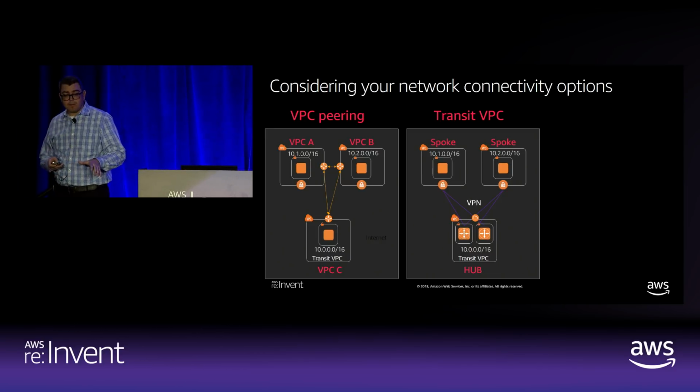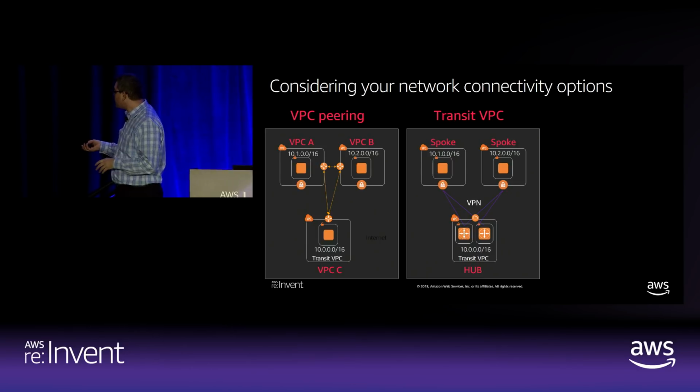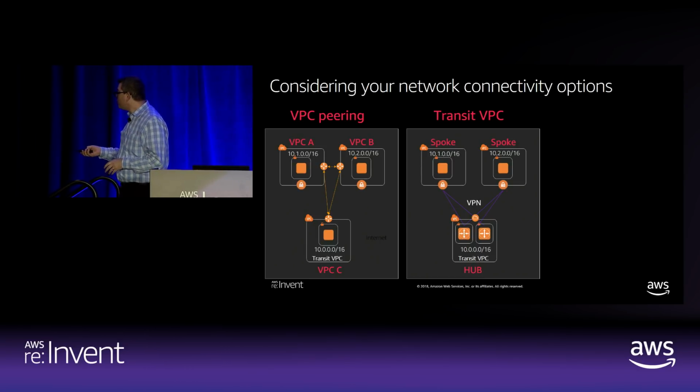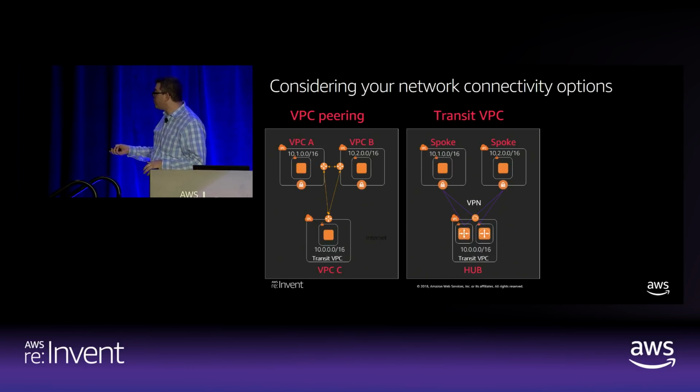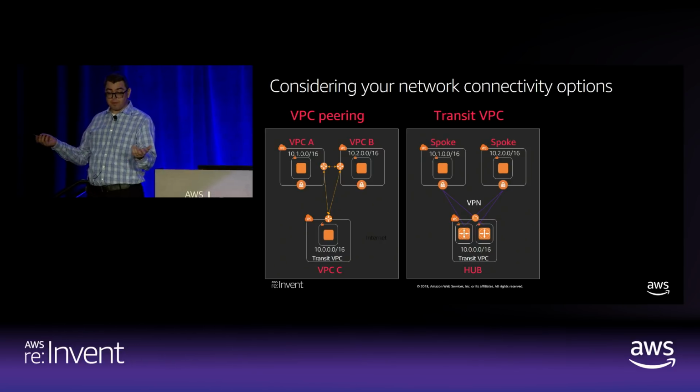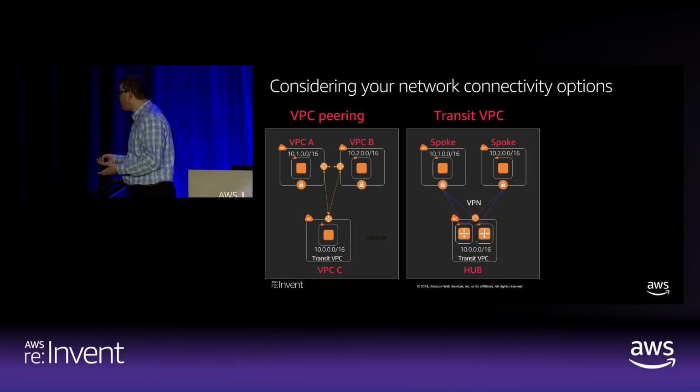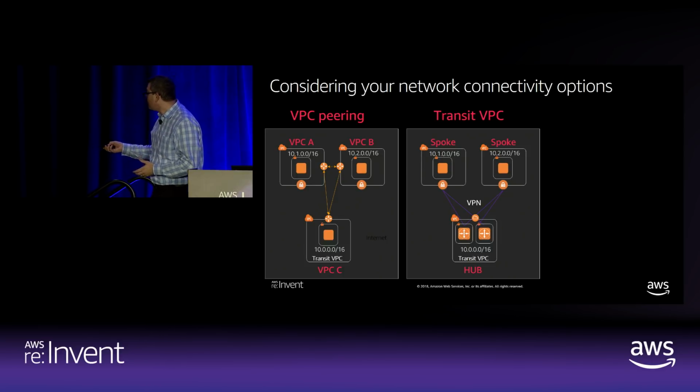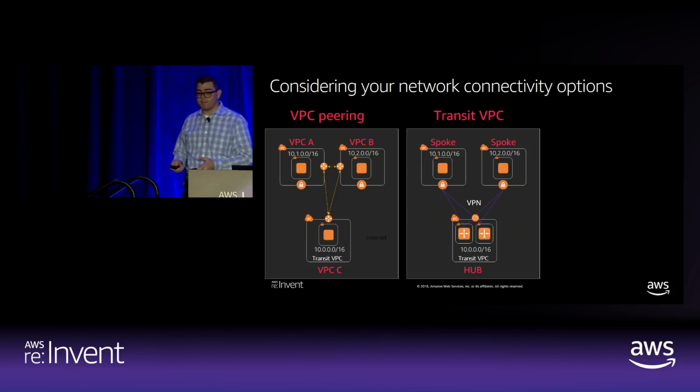Transit VPC is this kind of implementation model where you could actually have what we call a hub and spoke. So all of your ingress potentially may go through into here, and then you're routing that through potentially a third-party solution, potentially like a Cisco CSR implementation that we have. It could be a router in the cloud that allows you to make a secure connection. Now, the challenge is that hub and spoke model requires what we call a VPN.